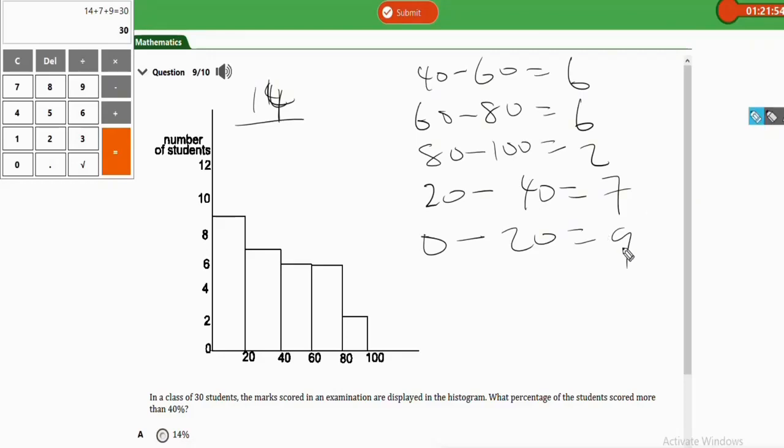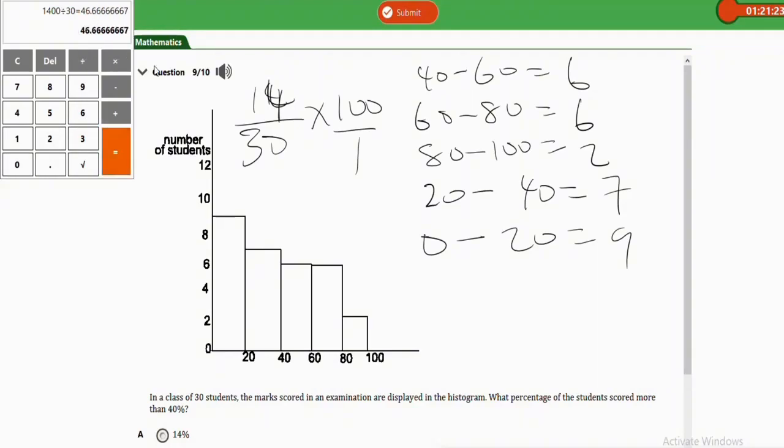So this will give us 14 over 30 times 100 over 1. So we punch this on the calculator. This will give us 14 times 100 divided by 30.